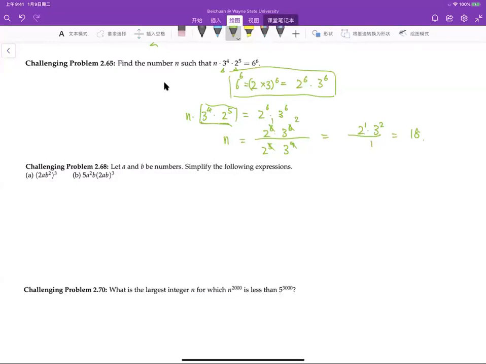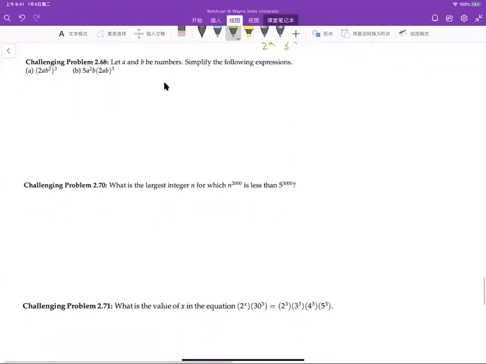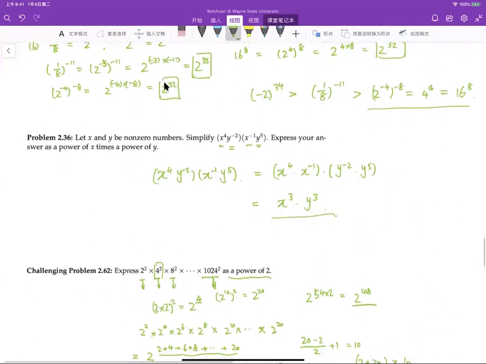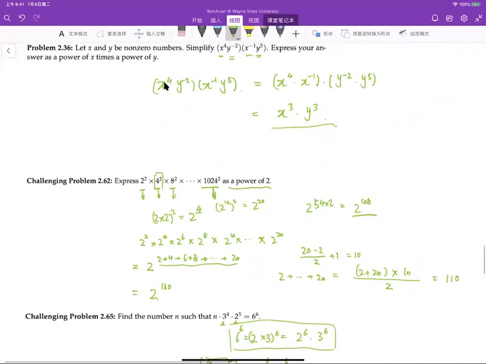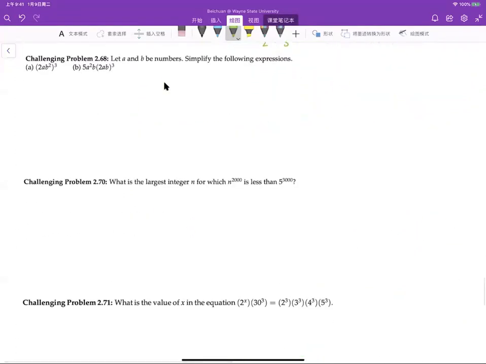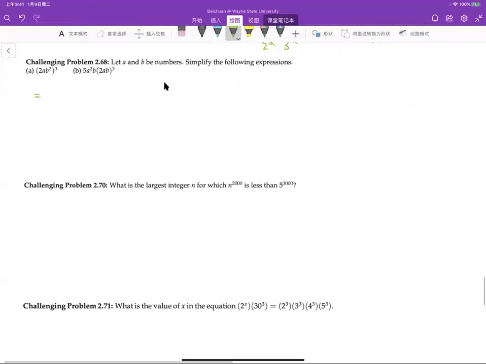2.68: let A, B be numbers and simplify the following expressions. This is pretty similar to an example above, 2.36, so we still apply the same process. If you simplify A, that will be 2 cubed times A cubed times B squared, cubed.